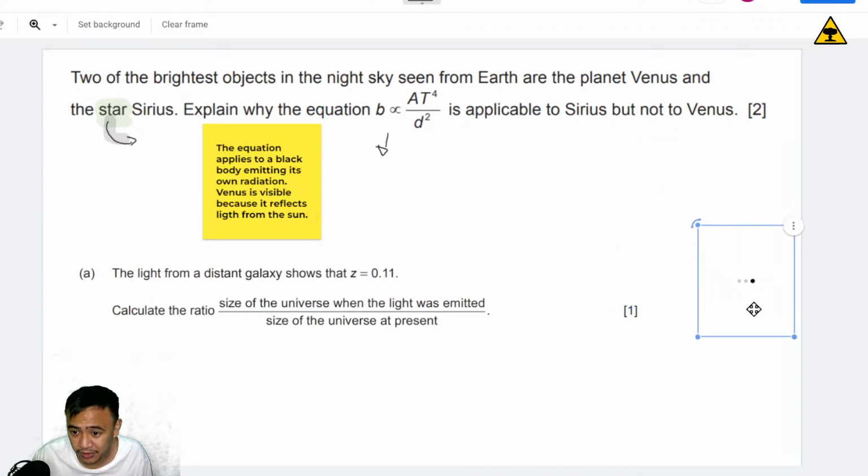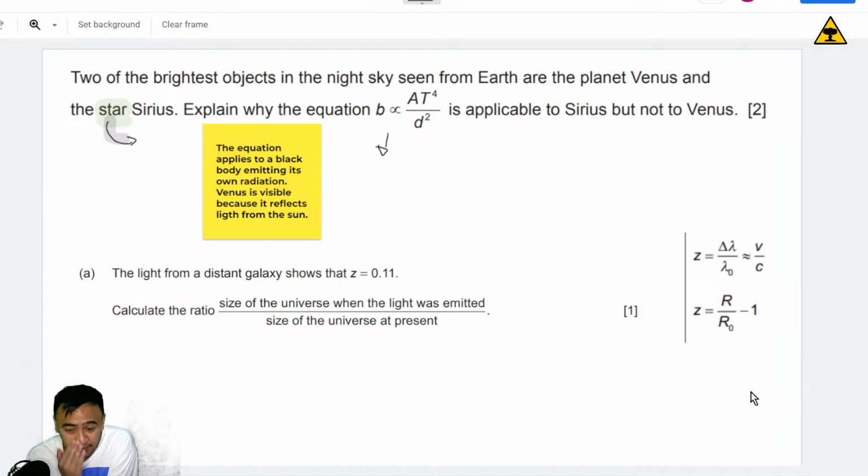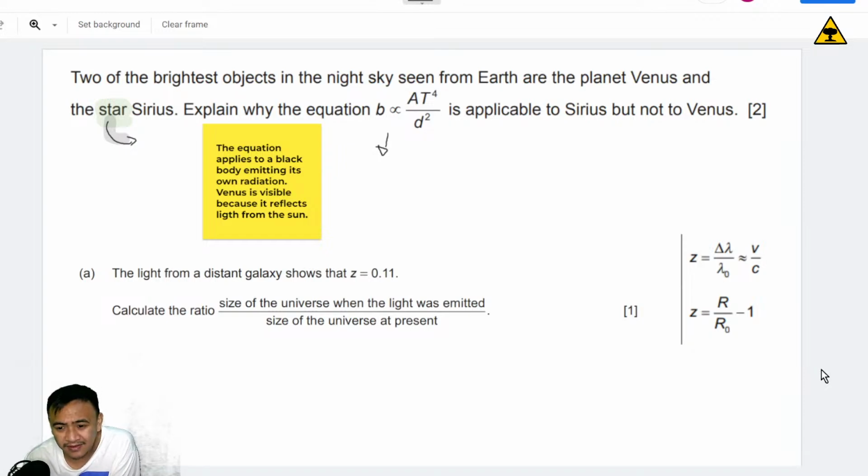So which equation would be more useful here? The first one. Are you sure? Yeah. Okay. It's actually not the first one, it's the second one. Well, we don't have a cosmic scale factor.